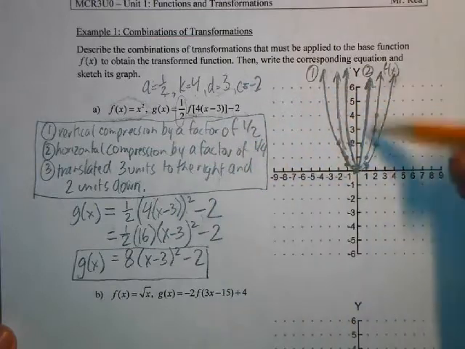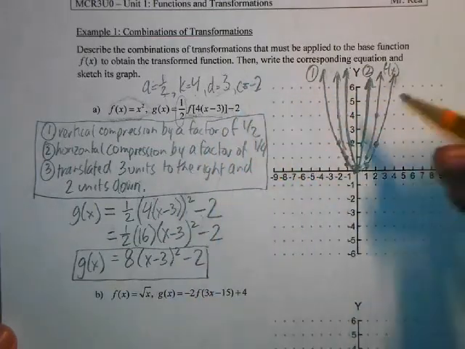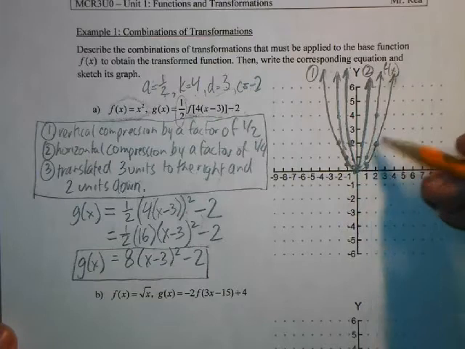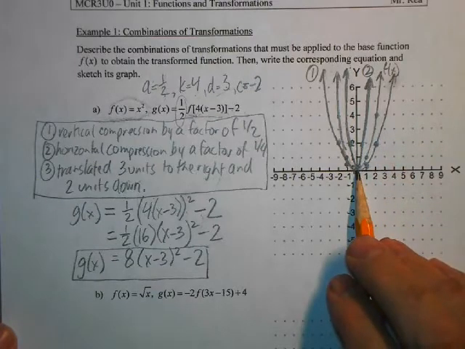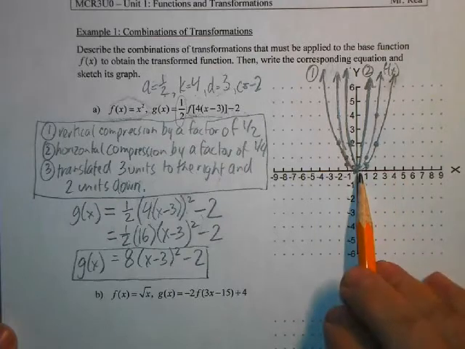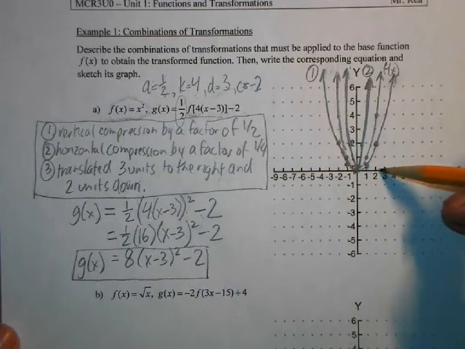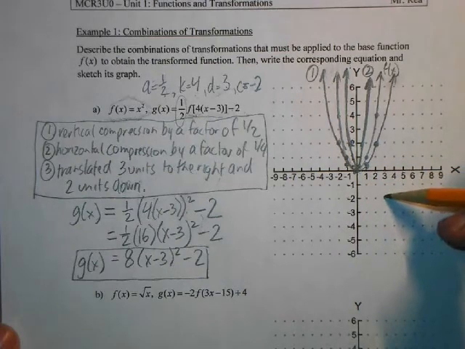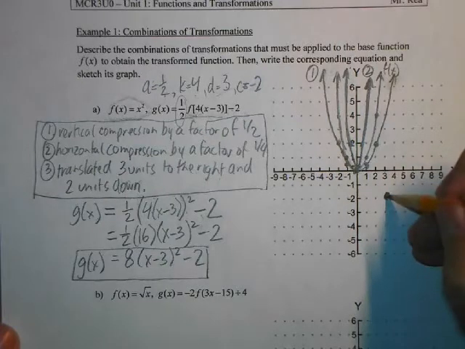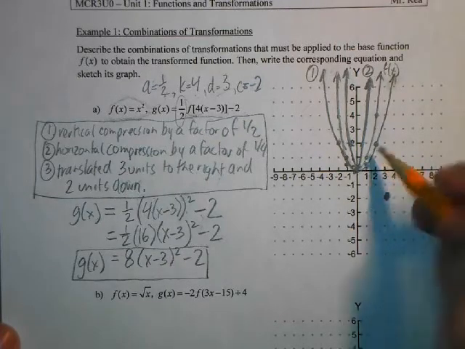So it didn't affect these graphs so far because we didn't apply that transformation, the translation. So for example, that point 0, 0, which is on all of these graphs, I'm going to move that 3 to the right and 2 down. So that's where my new vertex is. And then I also do the same thing with these other points.